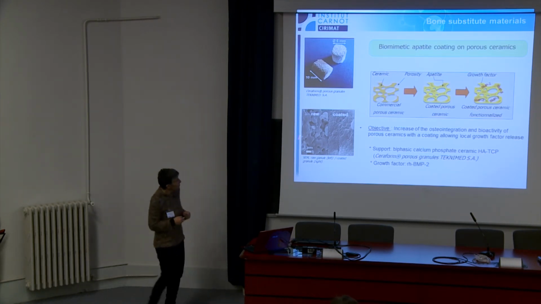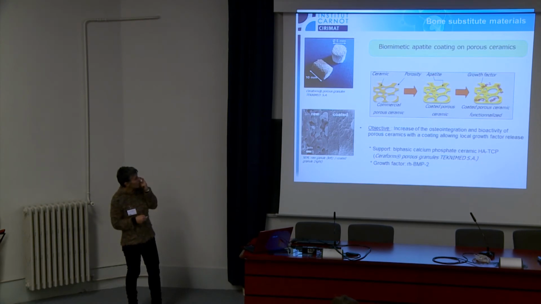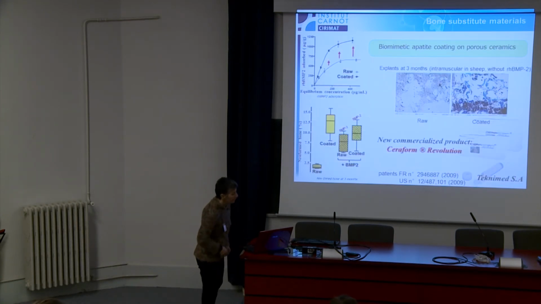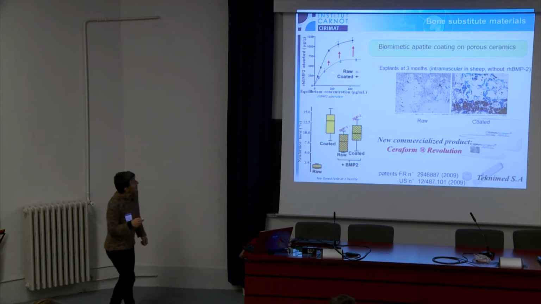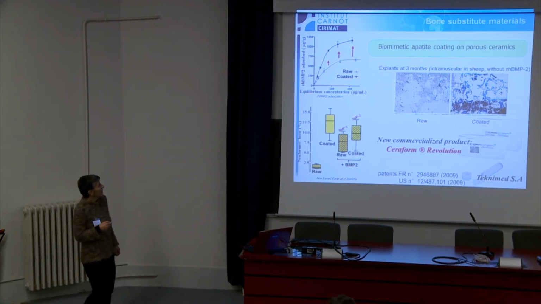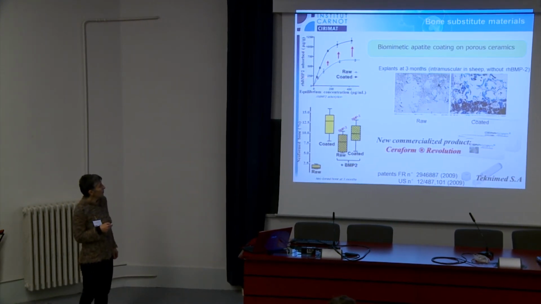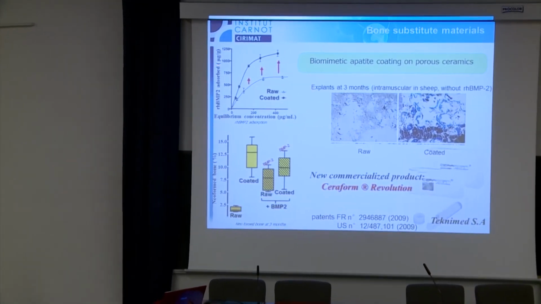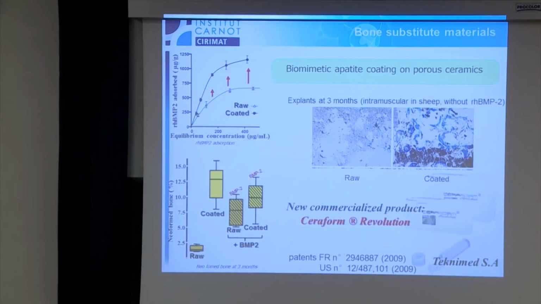Here you have an SEM micrograph of the commercial granule, the raw surface, and here with the coating you have a fine nanostructured coating. Here you have the ability of BMP2, the growth factor, to adsorb on the granules.